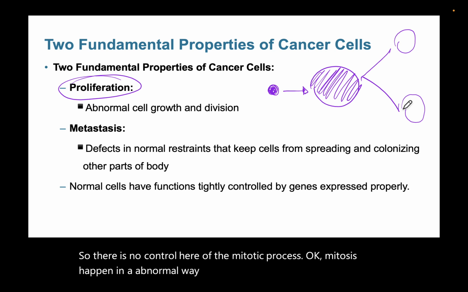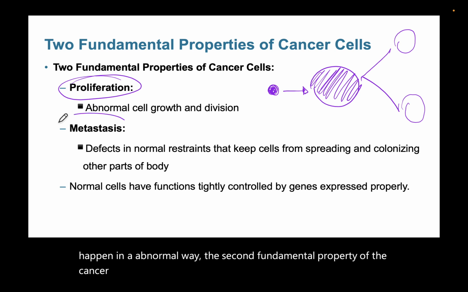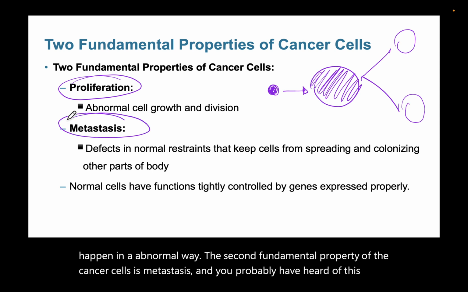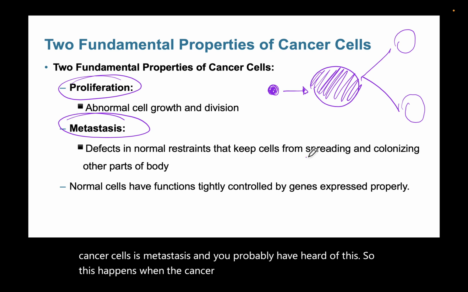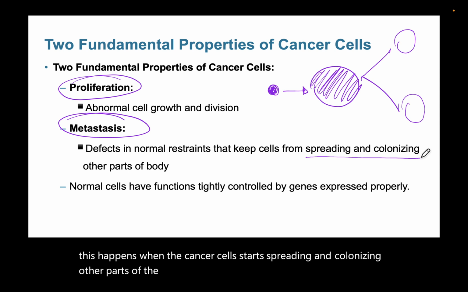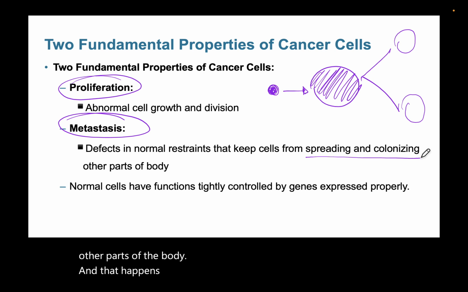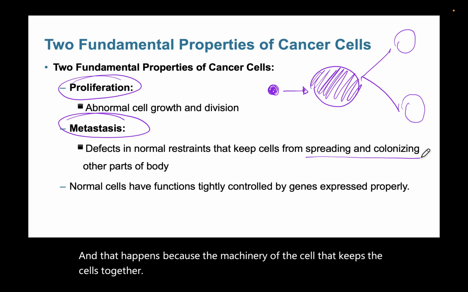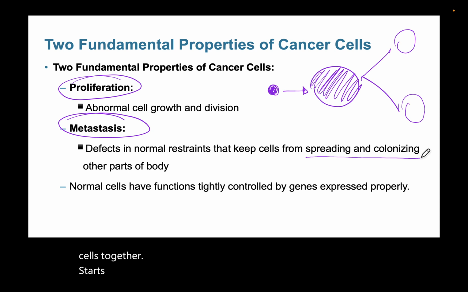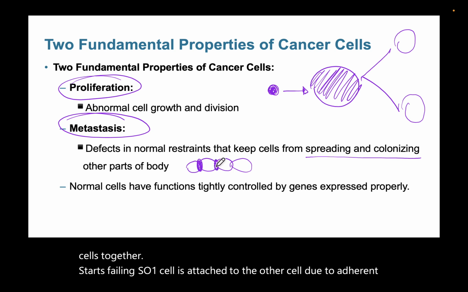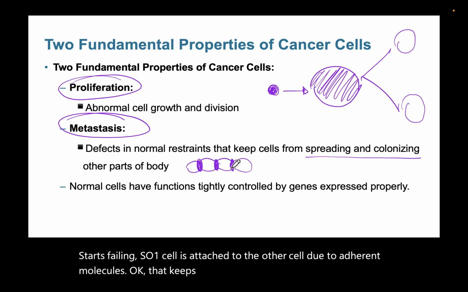The second fundamental property of the cancer cells is metastasis, and you probably have heard of this. This happens when the cancer cells start spreading and colonizing other parts of the body. And that happens because the machinery of the cell that keeps the cells together starts failing. So one cell is attached to the other cell due to adherent molecules, okay, that keep them together.